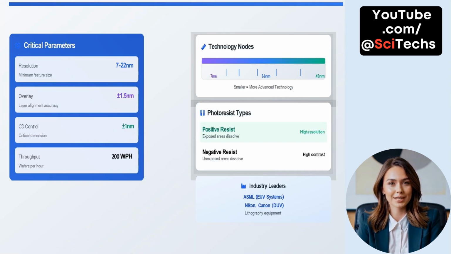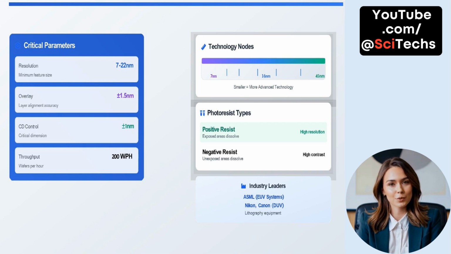Critical parameters and technology in lithography. Several critical parameters define lithography performance in semiconductor manufacturing. Resolution refers to the minimum feature size that can be printed, typically ranging from 7 to 22 nanometers. Overlay accuracy, which ensures that each new layer aligns precisely with the previous one, must stay within plus or minus 1.5 nanometers.